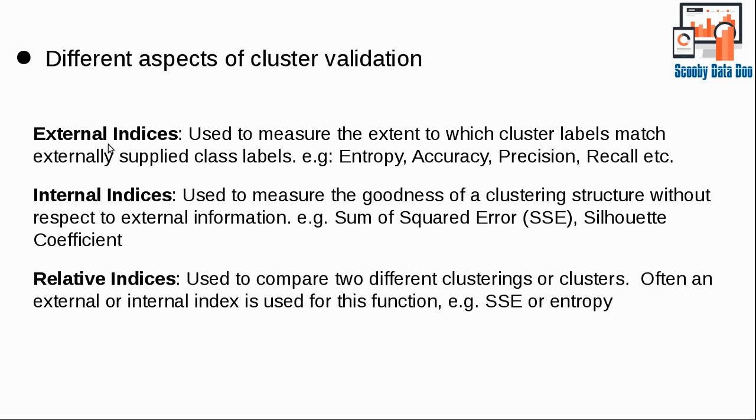Yeah, so the external indices are where we take help from some external resource to validate our cluster or to evaluate our clusters. All right, and then there are relative indices. This is quite simple to understand and is used to compare different clusterings or clusters. Yeah, and what is that?